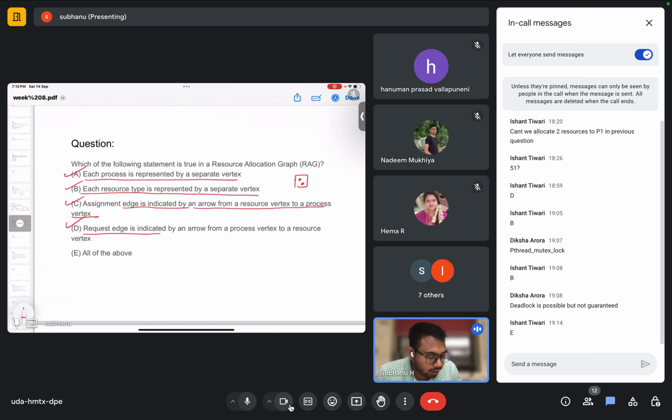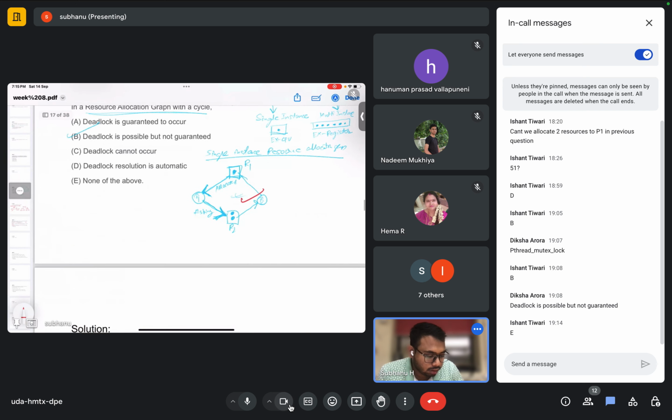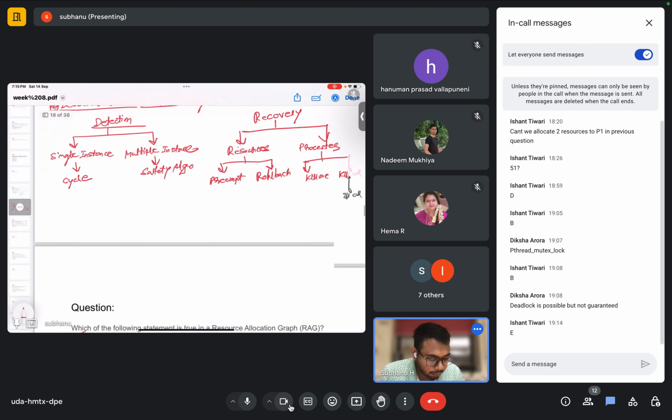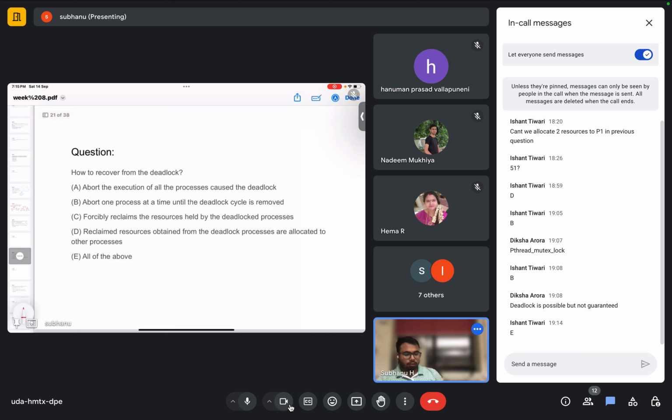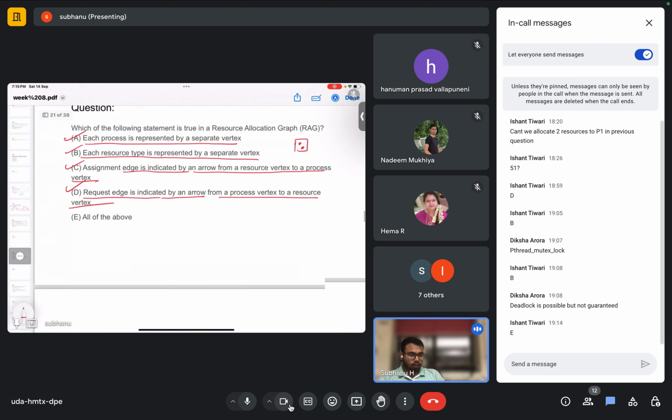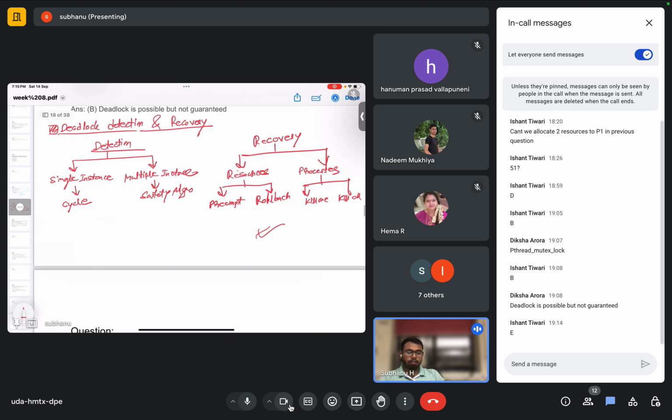A request edge is indicated by an arrow from a process vertex to a resource vertex. So this is assignment. This is request edge. So first read this one. I have written it. What is the recovery process?